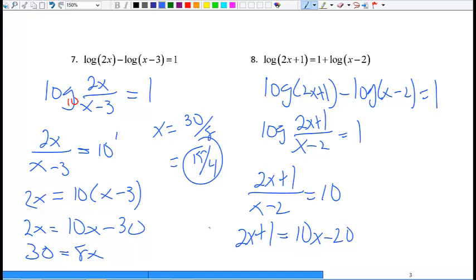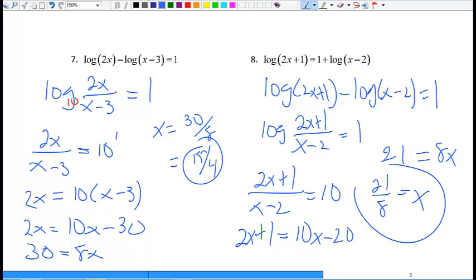We'll bring the x's to the right and the numbers to the other side. So if I add 20, I get 20 plus 1, which is 21, equals 10x minus 2x, so 8x. So x is 21 over 8. And there you go.